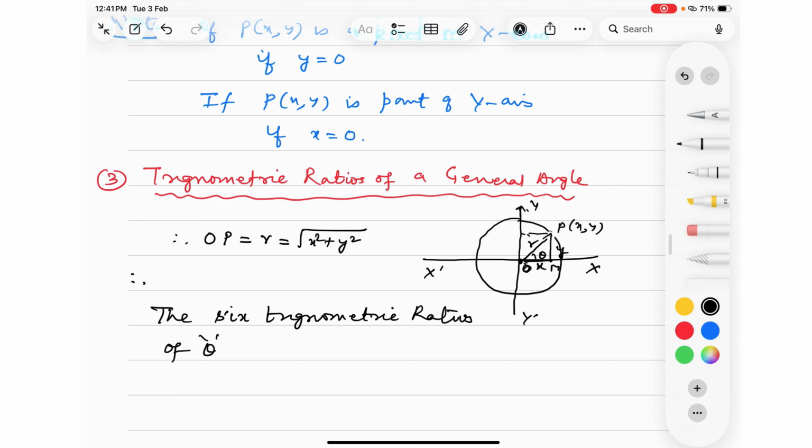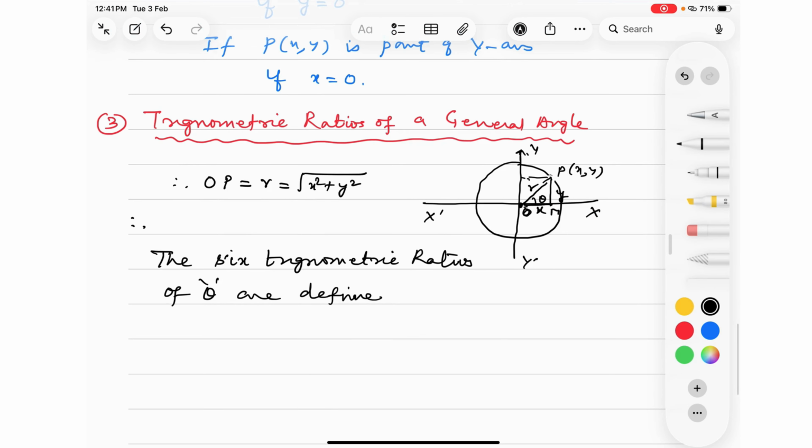Now let us try to define. First trigonometric ratio is the sine of an angle theta. In short, we write it as sine theta.